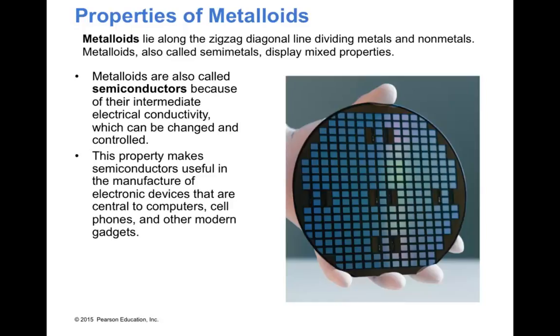This property makes semiconductors useful in the manufacture of electronic devices that are central to computers, cell phones, and other modern gadgets. Silicon, arsenic, and germanium are good examples of metalloids. Here we show a piece of silicon, a good semiconductor.